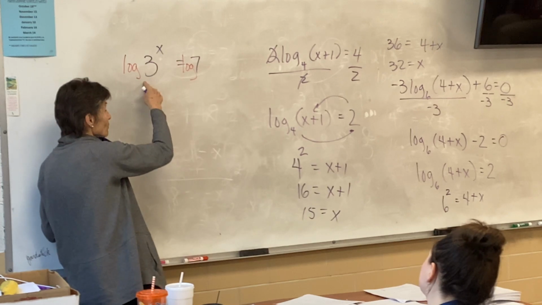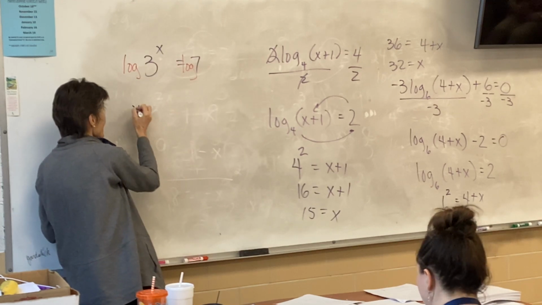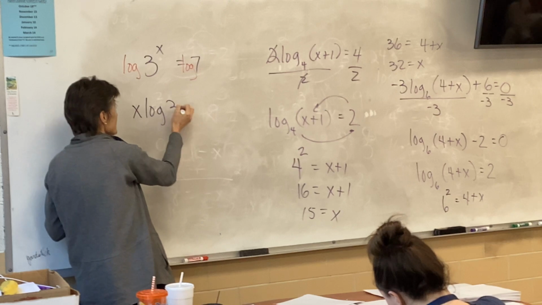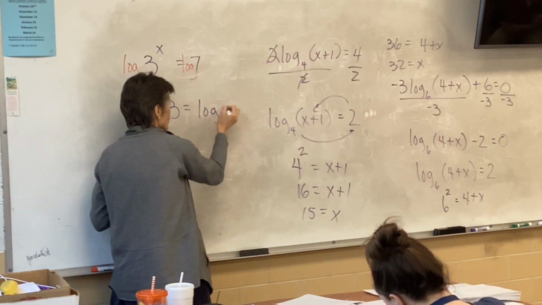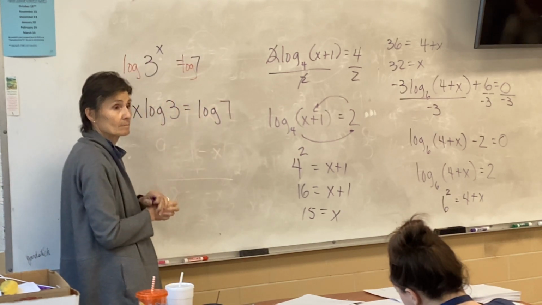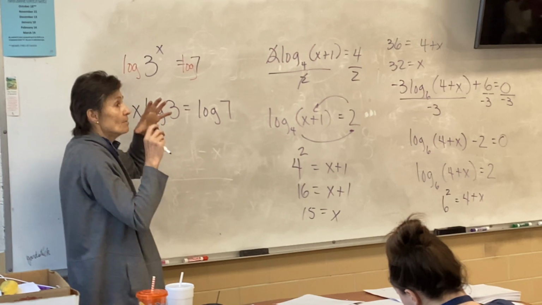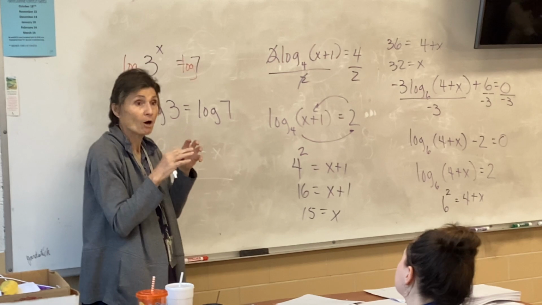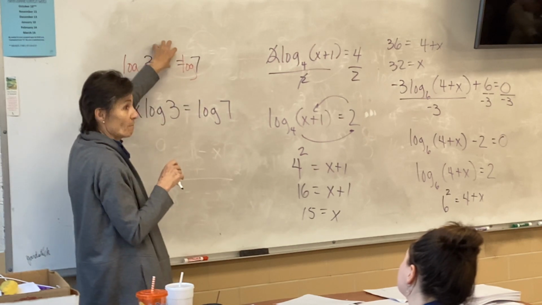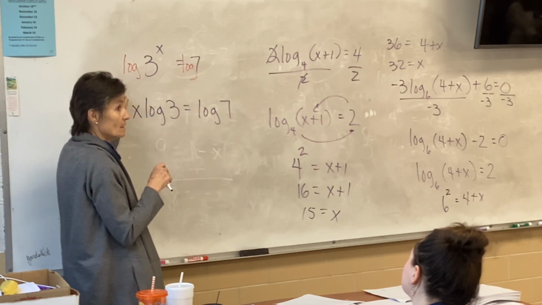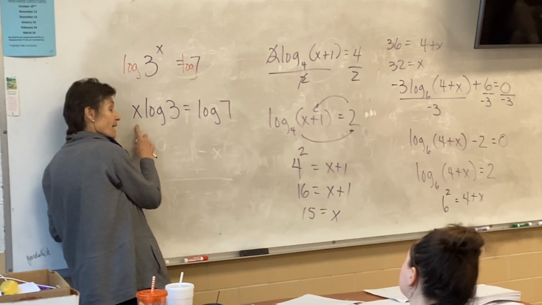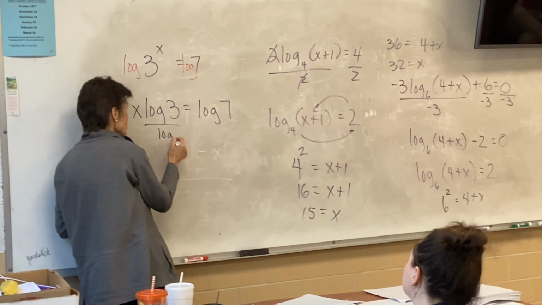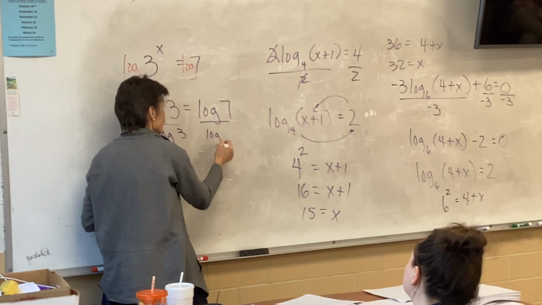So now I can write this problem as x log 3 equals log 7. The most powerful, beautiful thing, in my opinion, about logarithms is you can pull the power off. And now, to get x by itself, I'm just going to divide both sides by log 3.